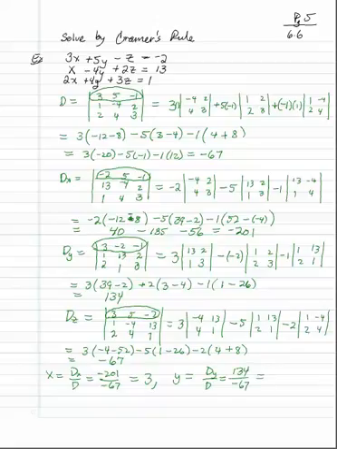It looks like negative 2. Yep, negative 2. And then z is d sub z over d, which is negative 67 over negative 67, which is 1. So my answer is 3, negative 2, 1. And you can check that in the original problem to see that it works.